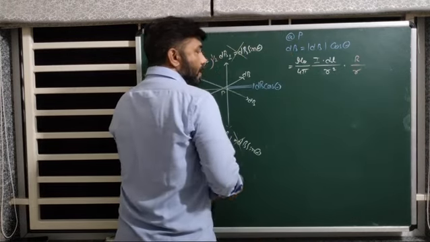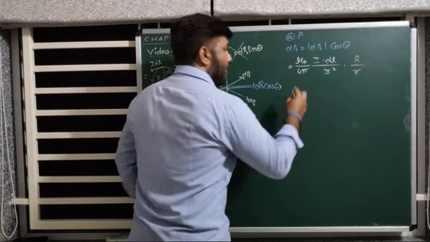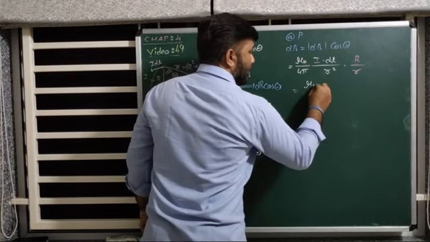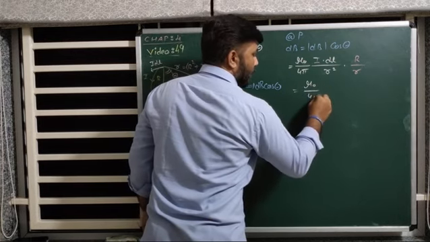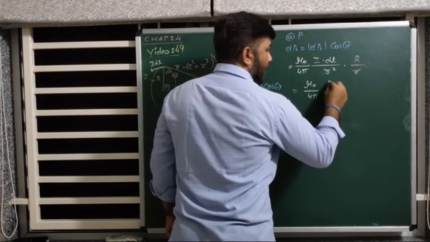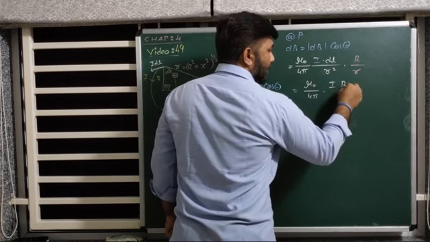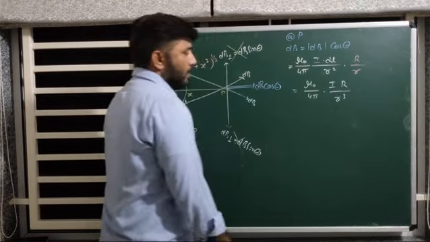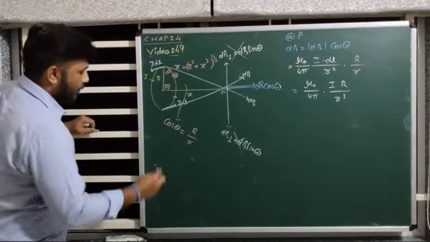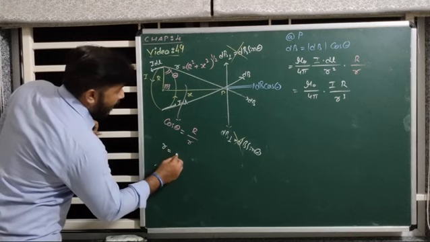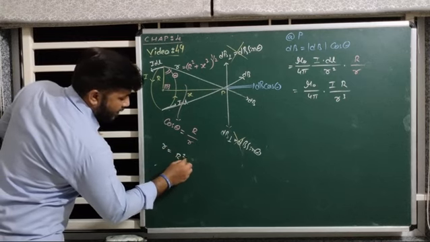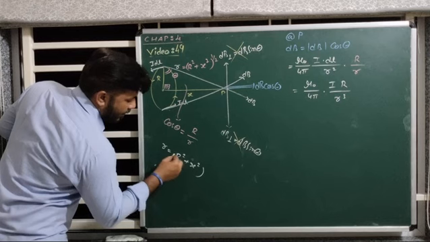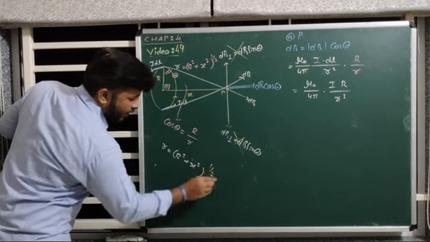So what we are getting is mu 0 upon 4 pi multiplied by I as it is, multiplied by R as it is, upon r cube. Already R is here. So what is r? r is R square plus x square raised to 1 by 2.